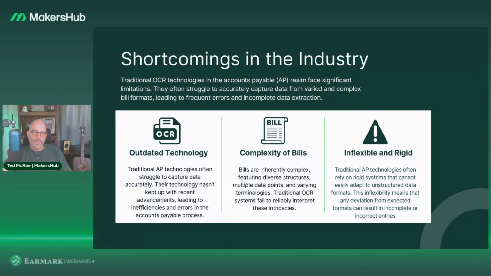Now, why else the shortcomings in the industry? Well, the bills are really, truly, totally complex. And if you're only programming your bills to look for specific areas, the phrases change all the time.